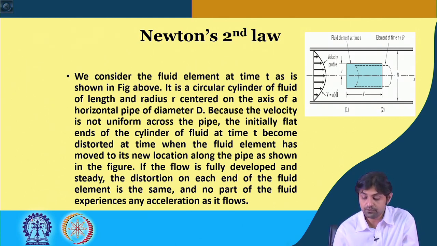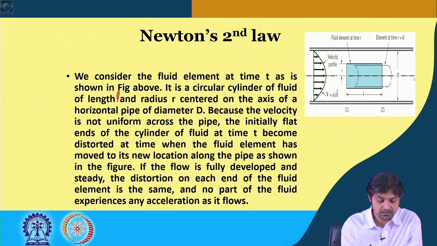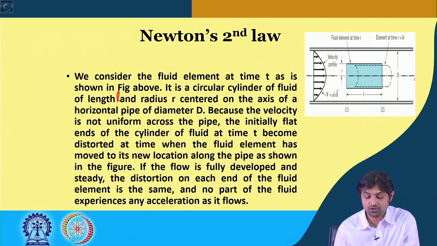We have considered a fluid element at time t as is shown in the figure above. This element is a circular cylinder of fluid of length L and radius r, centered on the axis of the horizontal pipe of diameter d. Because the velocity is not uniform across the pipe, the initial flat end of the cylinder of fluid at time t becomes distorted when the fluid element has moved to its new location, because across the radial distances the velocity is not constant, it is a function of radial distance.